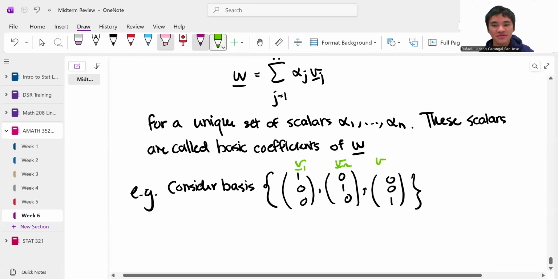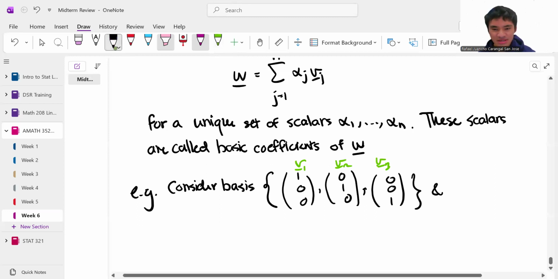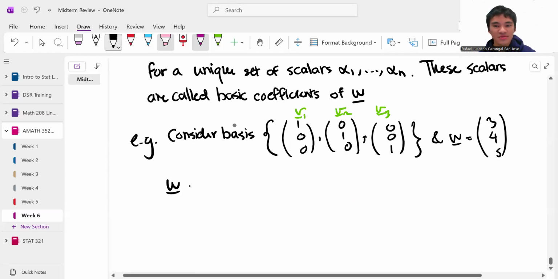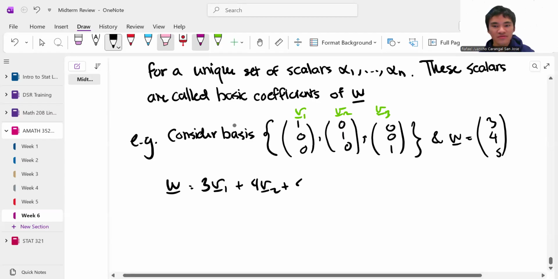I'm going to say this is V1, V2, and V3, so I don't have to write all of them again and again. And say we also have another vector W, which has components 3, 4, and 5. So you can write W as a linear combination of the rest: 3v1, 4v2, and 5v3, right?